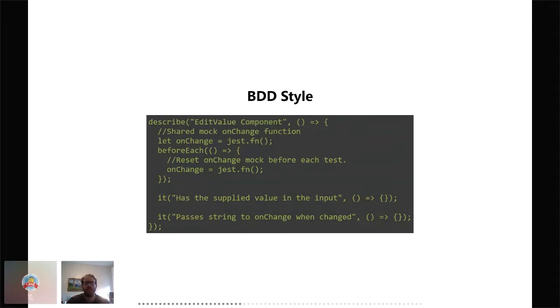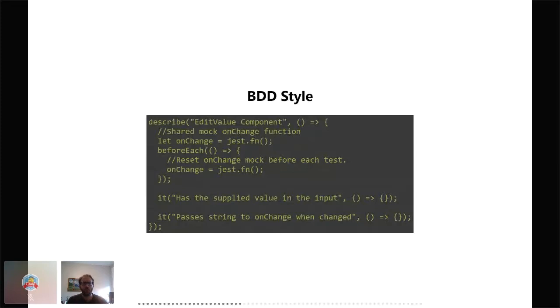And because these are all inside of the same closure here, onChange shares scope in here and in here, I'm going to use the beforeEach callback inside of this. If you have a function called beforeEach, it will run before each of these closures below it. There's also afterEach and a before that'll run once and an after that'll run once.